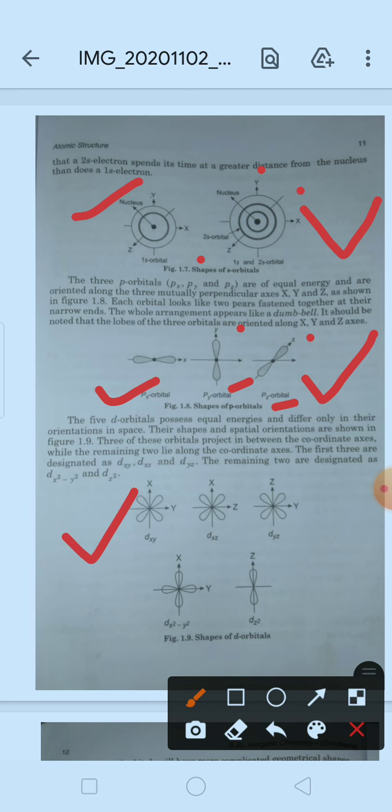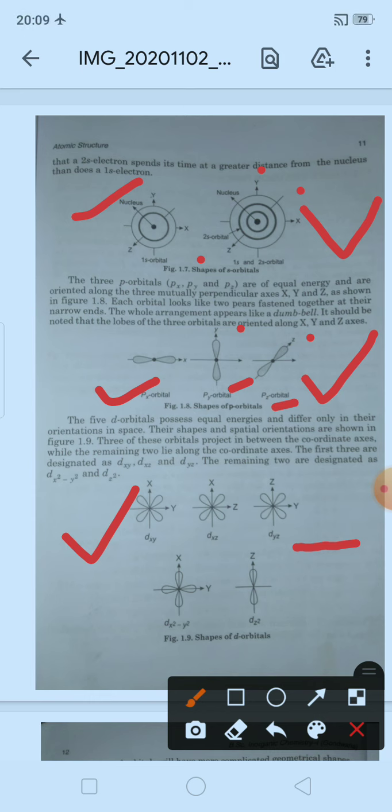Now comes the d orbitals. In the case of d orbitals, you can see it is a double dumbbell. There are 5 orbitals in it. In the s orbital there is one orbital, that is s. In the p orbital there are 3 orbitals, px, py and pz. In the d orbital, the spatial orientation of the electron is distributed in 5 orbitals.